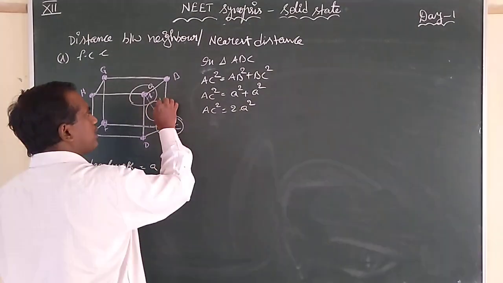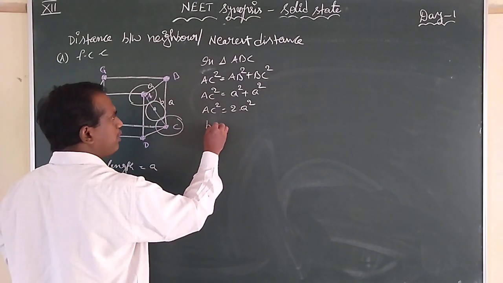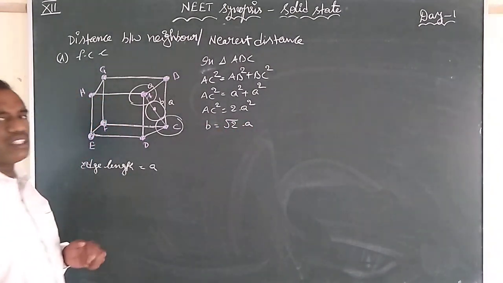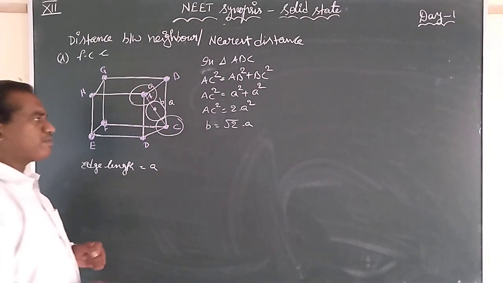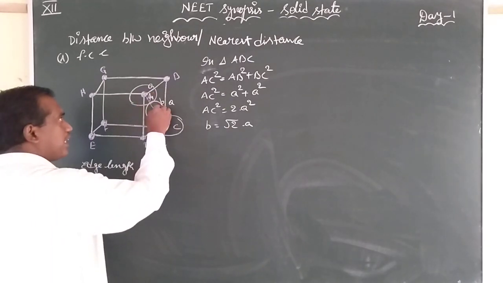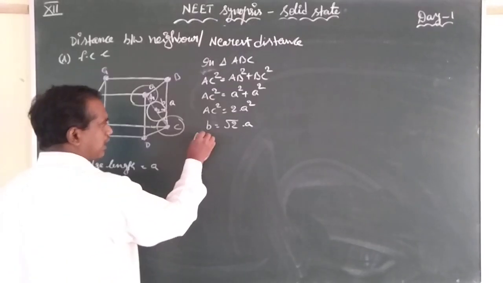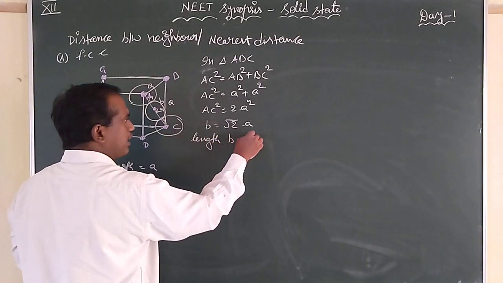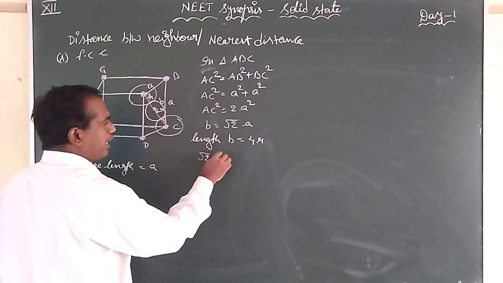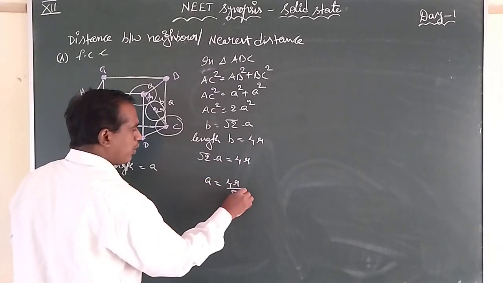Here in the textbook we have written this as b. So b is nothing but AC, root 2 into a. But the problem is the length here is R, then 2R, and another R. So the length along the diagonal b is equal to 4R. So root 2 a is equal to 4R, or a is equal to 4R by root 2.